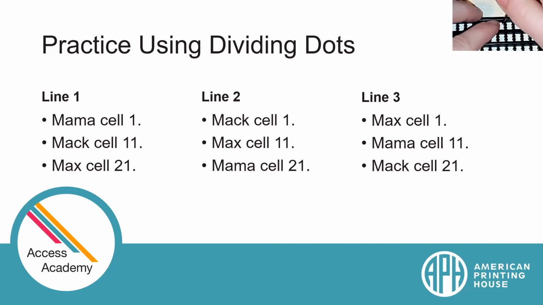In line 1, I want you to find cell 11. You can use your dividing dot since it's broken up by 5s. Your first dividing dot was 5, your second is 10. So right after that dividing dot is cell 11. And write the word Mac. Mac is a name again. Don't forget your capital.